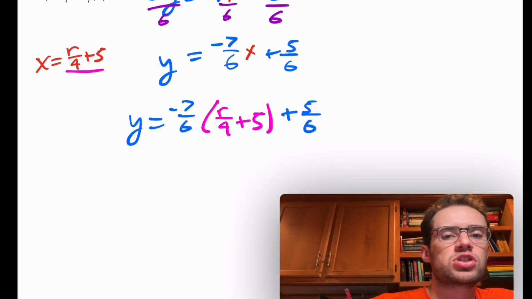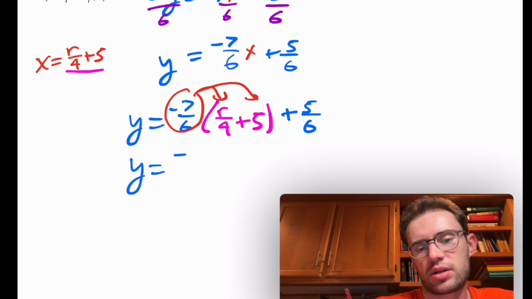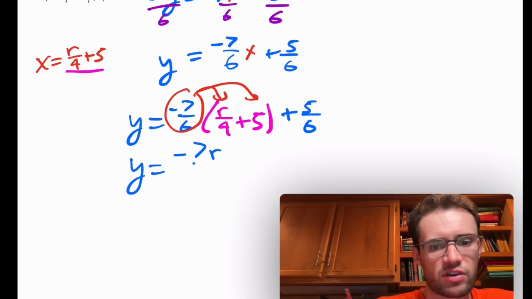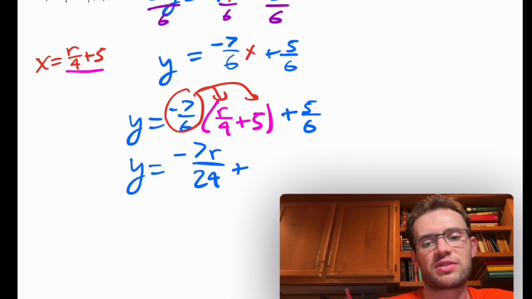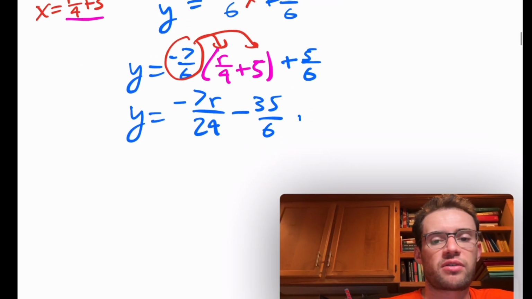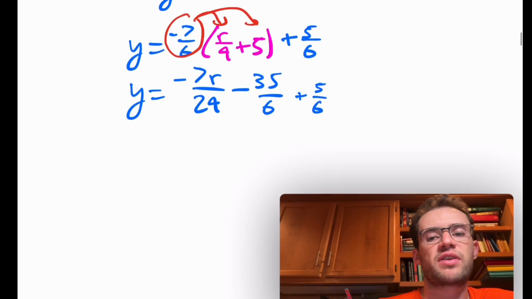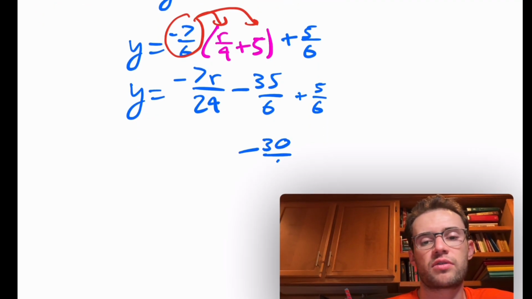Now when you distribute this, you get y is equal to negative 7r over 24 plus negative 7 times 5, which is minus 35 over 6, plus 5 over 6. Negative 35 over 6 plus 5 over 6 have common denominators, so they just become negative 30 over 6.